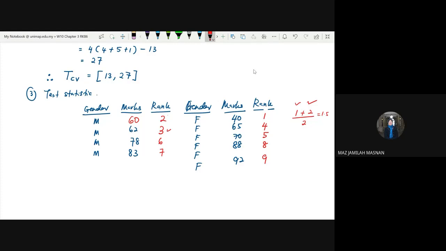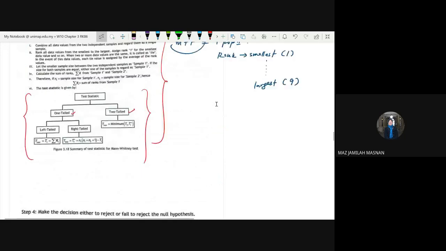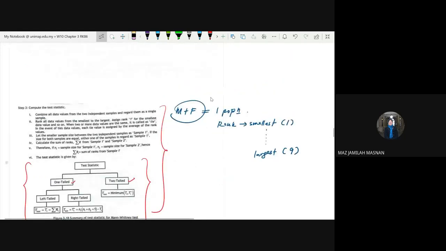Then what was the instruction? Rank all the data. When two or more data values are the same, assign the average. Let the smaller sample size between the two be sample 1 and the other one be sample 2. Calculate the sum of the ranks for sample 1 and sample 2.